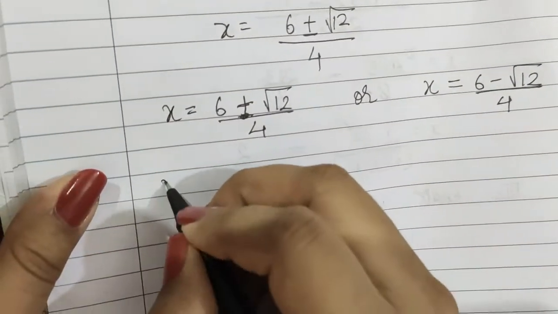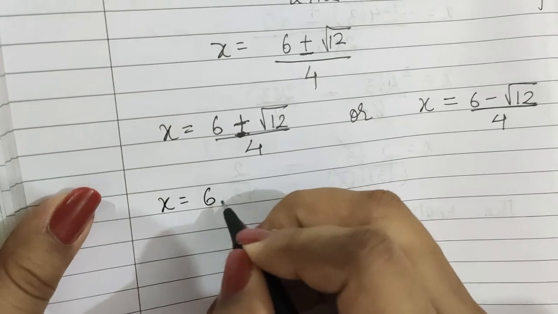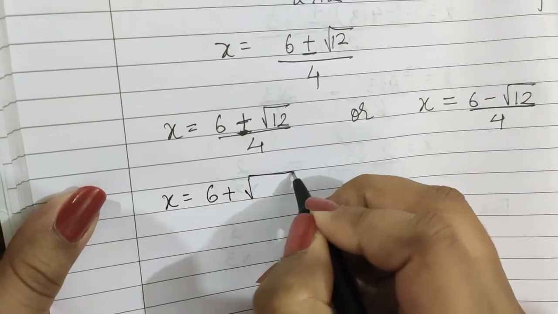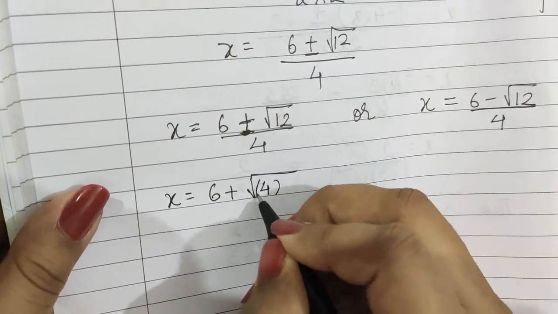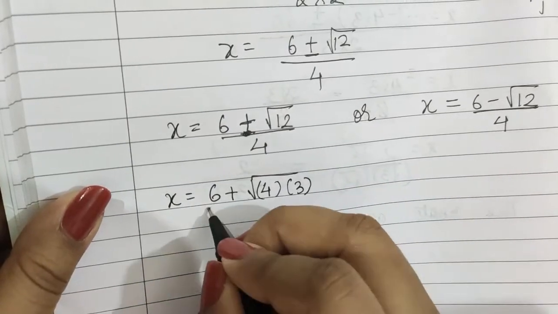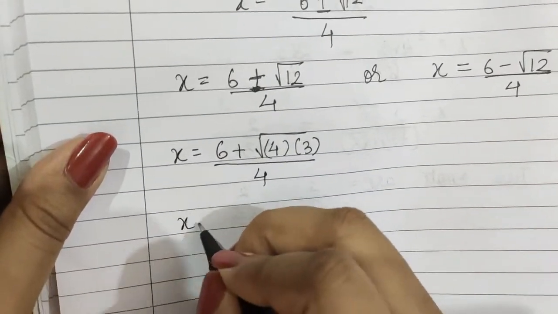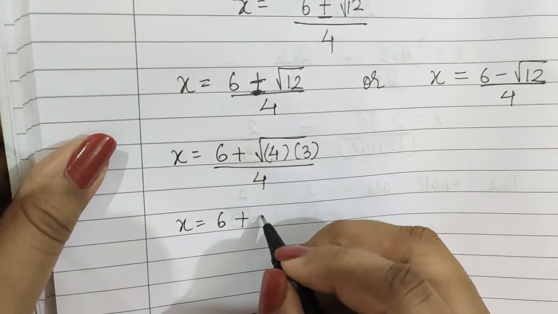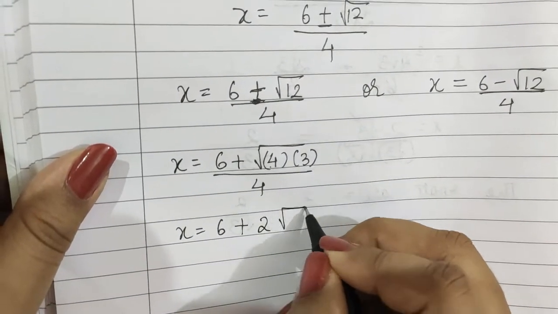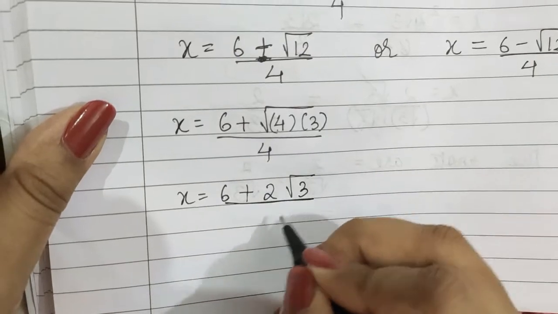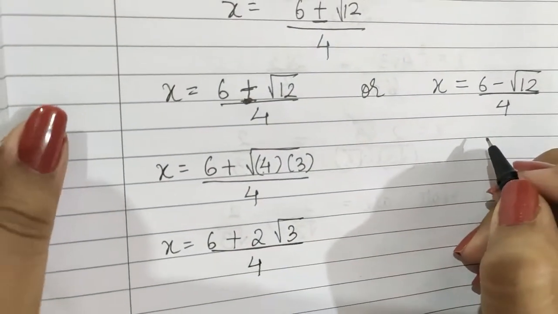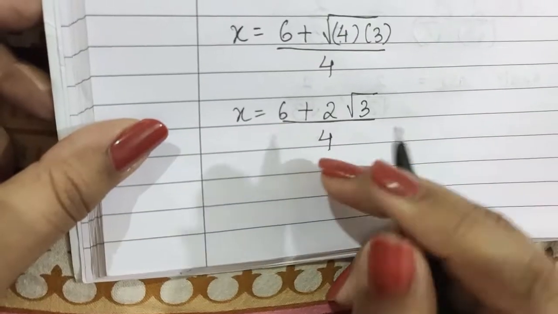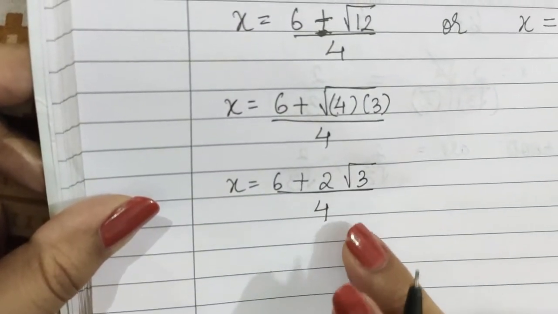So over here I will write this as x equals to 6 plus under root of 4 multiplied by 3 upon 4. X equals to 6 plus. Now root of 4 will be what? 2. 2 will come out as it is. We are left with root 3 upon 4. Now from here we can take out 2 common.